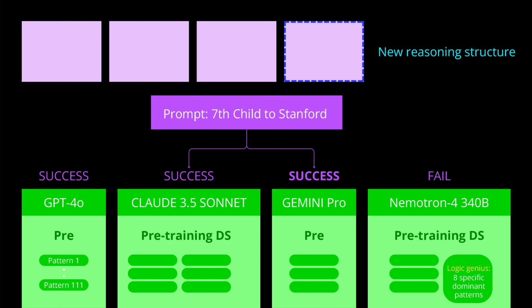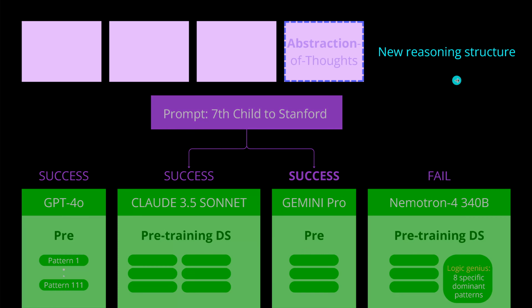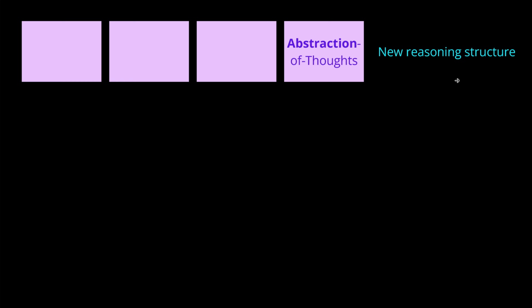Now, as I told you in my last video, we have now, since 4 or 5 days, a new reasoning structure that should be better than at least a chain of thought. So let's have a look at this, and it is called an abstraction of thoughts.